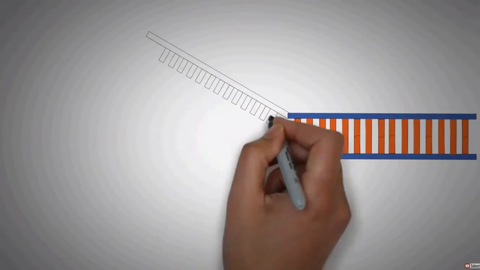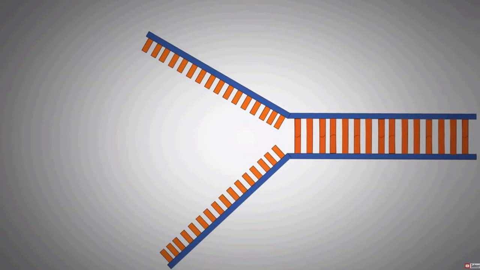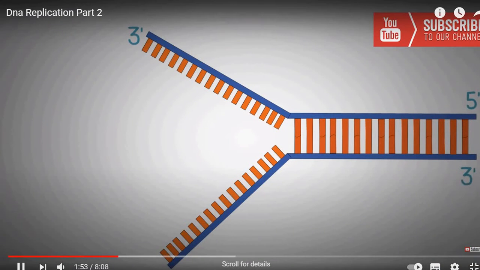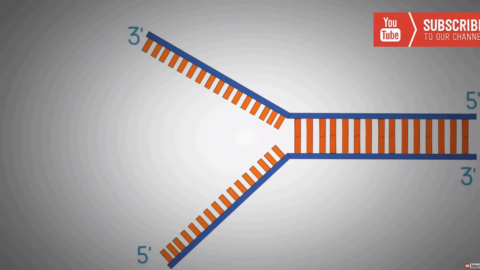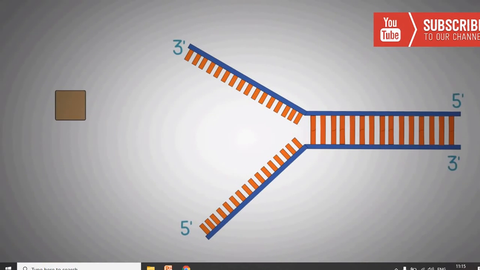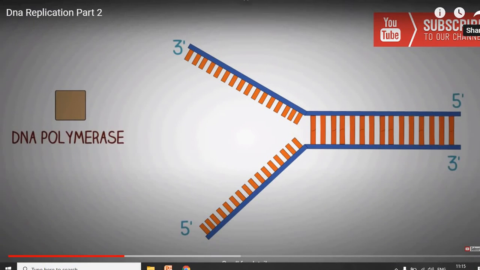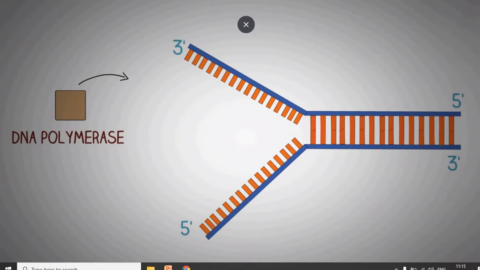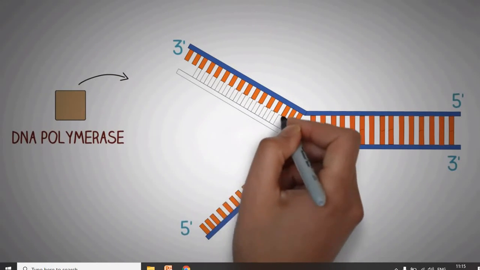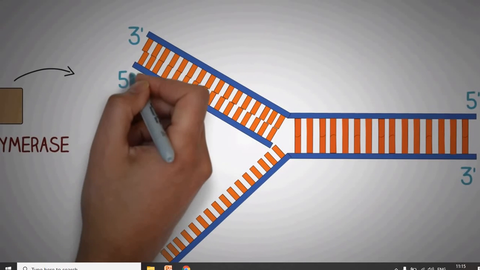According to the concepts of directionality we learned in part 1 of this video, let's suppose this is the 3' end of the upper strand and this is the 5' end of the upper strand, and similarly we have the 3' end of the lower strand in this direction and the 5' end in this direction. Now the main enzyme, the DNA polymerase, which has the job of forming new strands of DNA, can only form a strand in the 5' to 3' direction.